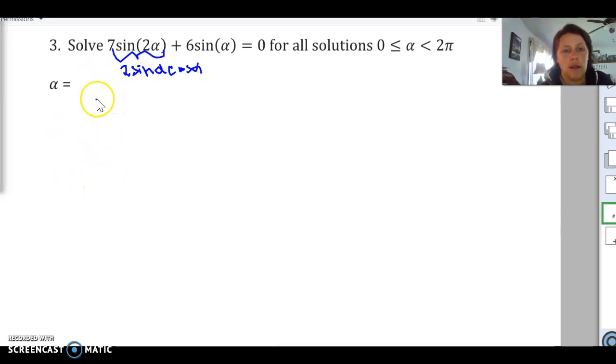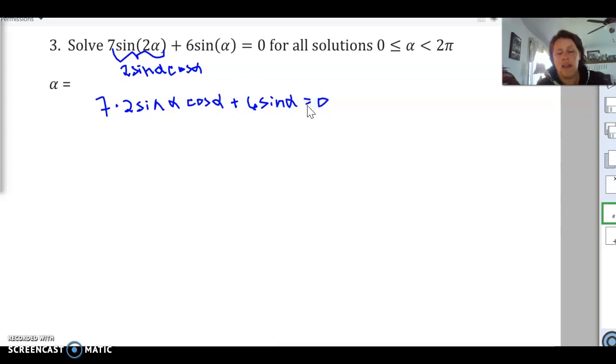So rewrite all of that. So we have 7 times 2 sine alpha cosine alpha plus 6 sine of alpha equals 0. And now we're back to a trig function that we can work with. Let's make that 7 times 2 is going to be 14.